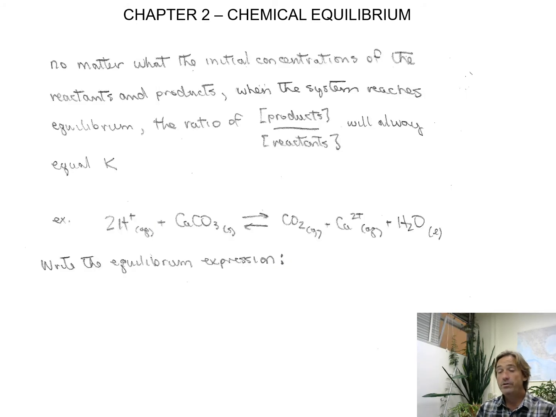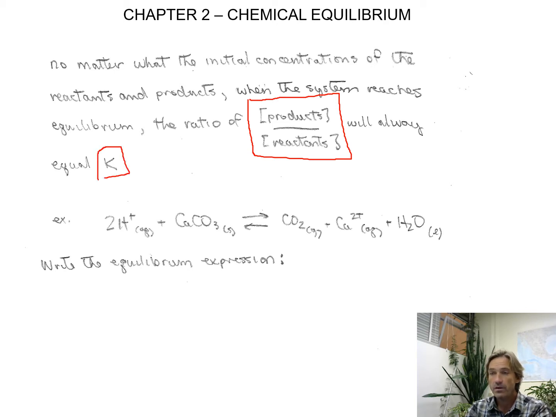What we find when we do the chemical equilibrium calculations is that no matter what you have initially, how much of the reactant species and how much of the product species you have prior to equilibrium, what we know is that as we reach equilibrium, the ratio of the products over the reactants will always equal K. So you can start on the, say, left side of equilibrium or the right side of equilibrium, meaning product side or reactant side.